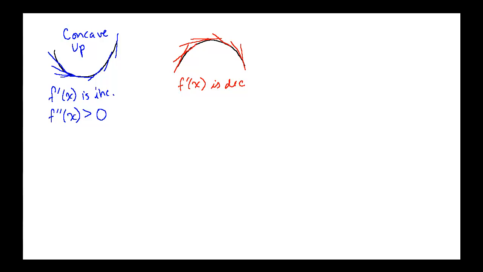They start out positive and then they go negative. Their values are decreasing. If something is decreasing, that means its derivative is negative. That means the derivative of the first derivative is negative, which means the second derivative is less than 0, is negative.